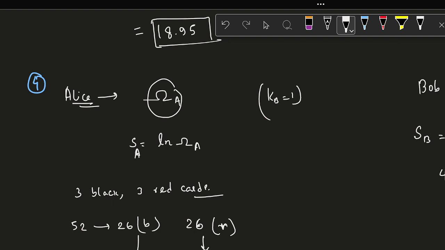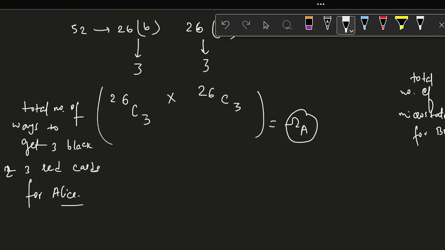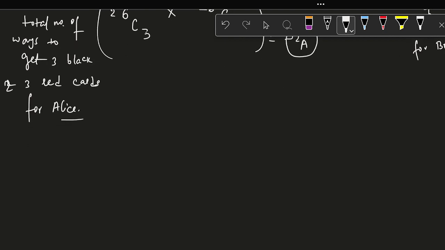This is the total number of microstates, or the total number of ways, for rearranging these 4 black and 2 red cards for Bob. So this is the number of microstates for Bob, omega_B. Now these are calculated, and we have to compare the two.